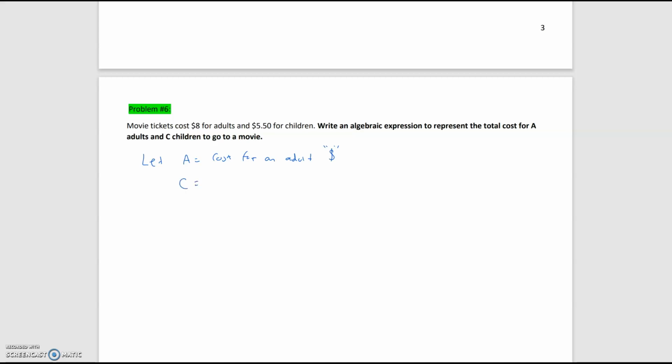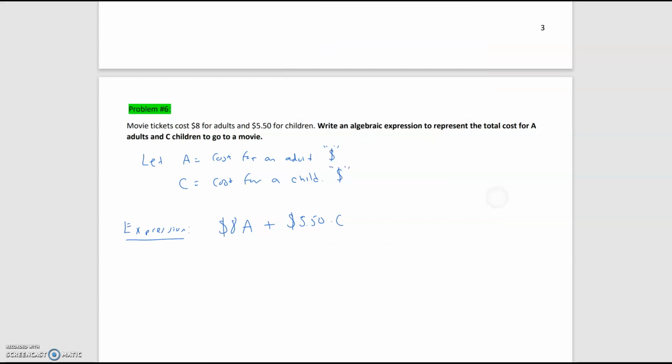And then C equal the cost for a child. And also we're talking about money. So our expression, in this case, they want us to write an expression for the total cost of A adults and C children. So in this case, it's going to be a total of 8 times A plus a total of 550 times C.